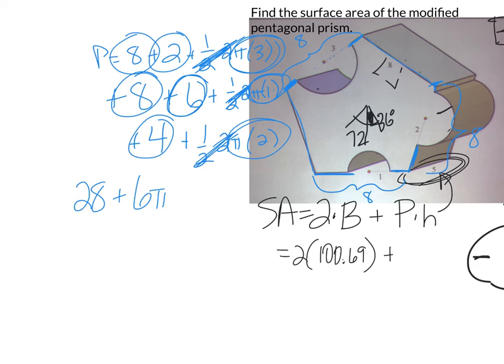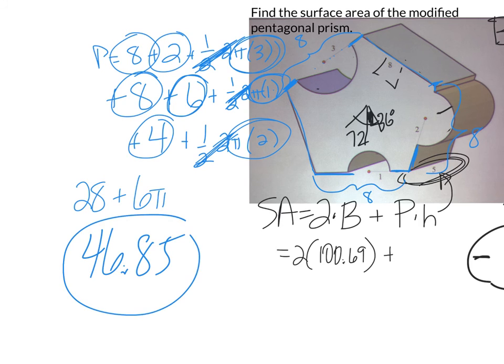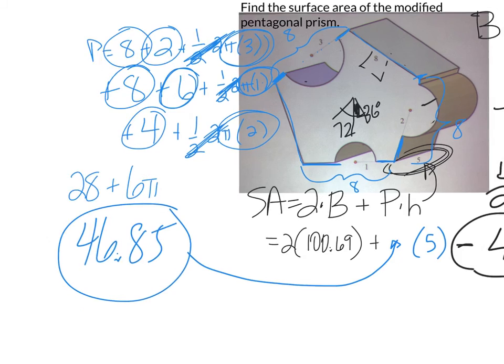So 28 plus 6 pi is approximately 46.85 if we were to go in just miles. So I'm going to put that right here in my equation and times that by 5, the height.